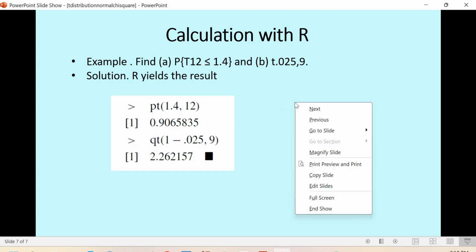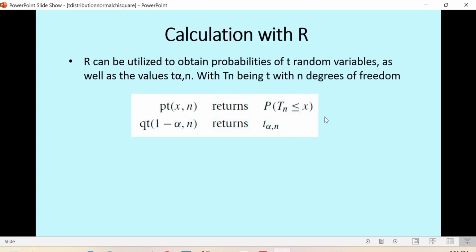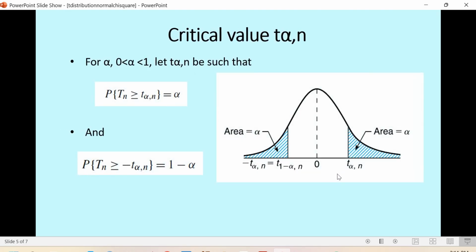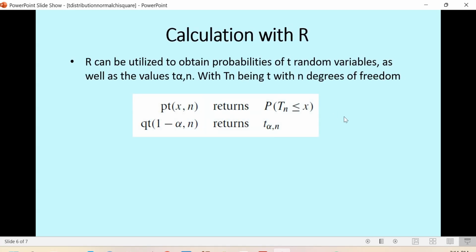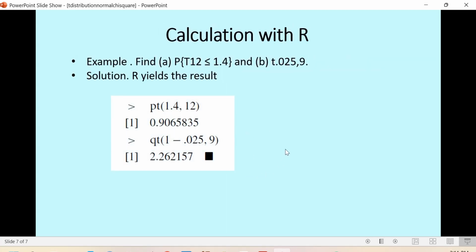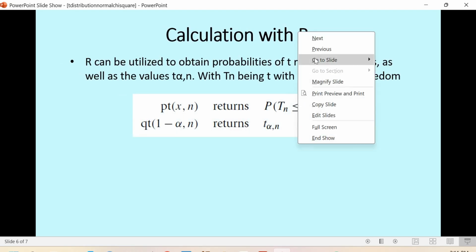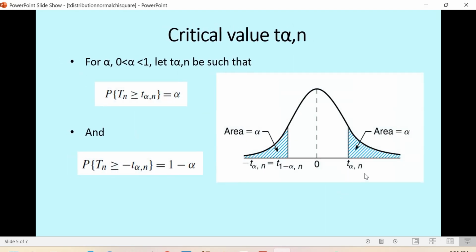So in a t distribution with 12 degrees of freedom, this is the 1.4 value, and this area, blue plus white, is about 0.9.